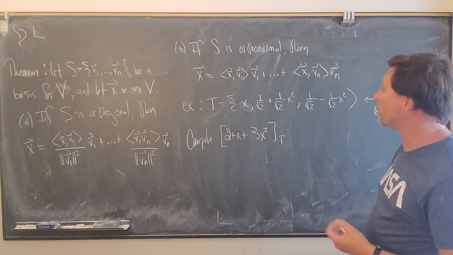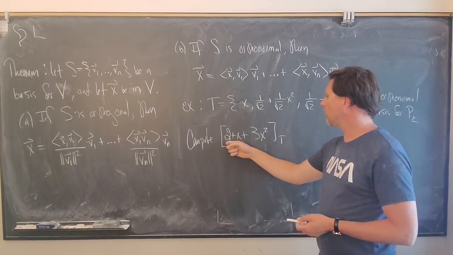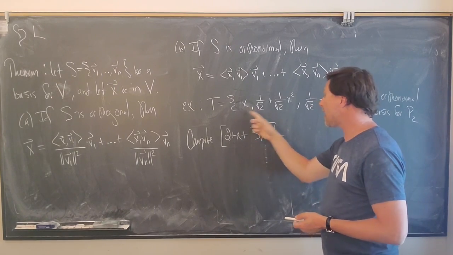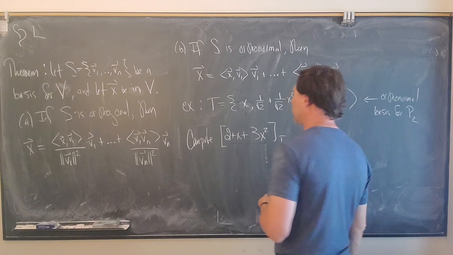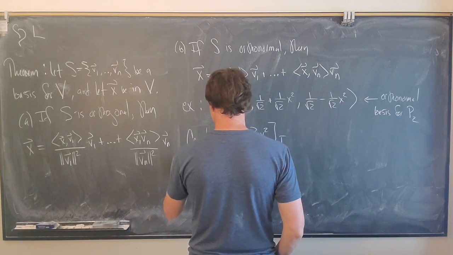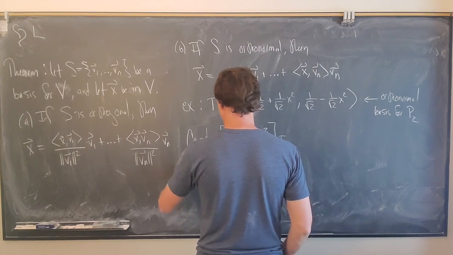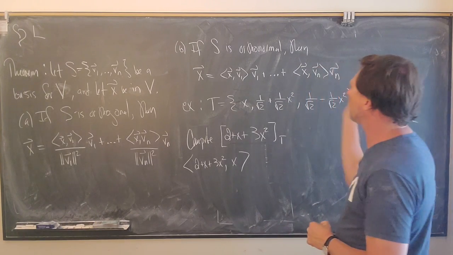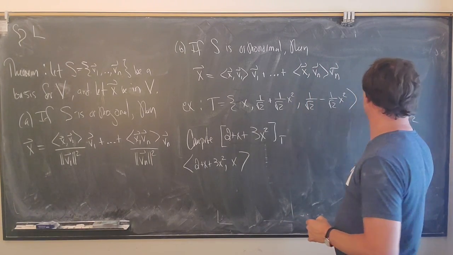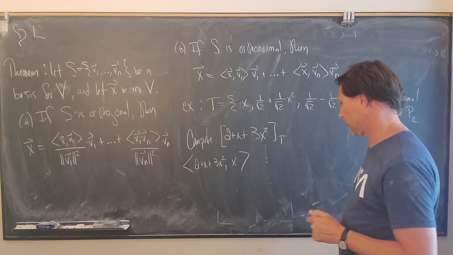So how do I do that? What is this asking us for? It's saying, how do I express this polynomial as a linear combination of these three polynomials? So what does our theorem tell us to do? It says, let's do 2 plus x plus 3x squared, inner product with x. And by the way, remember, unless otherwise specified, we're working with the standard inner product.